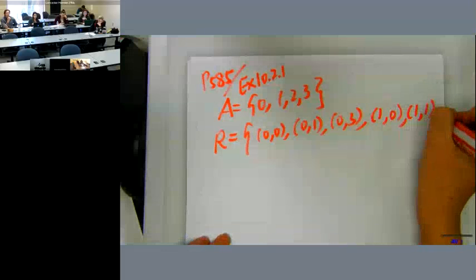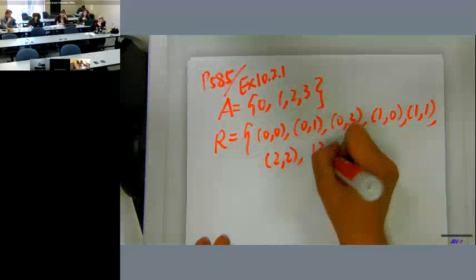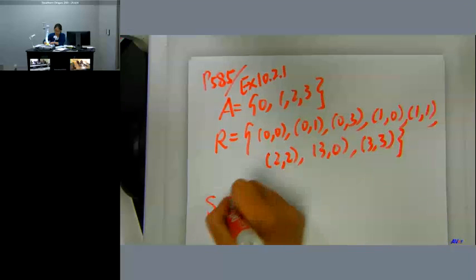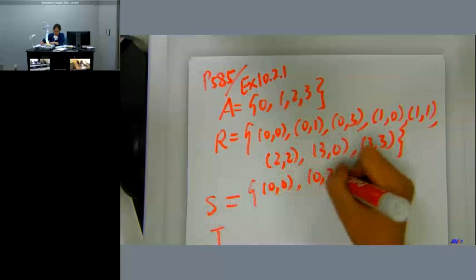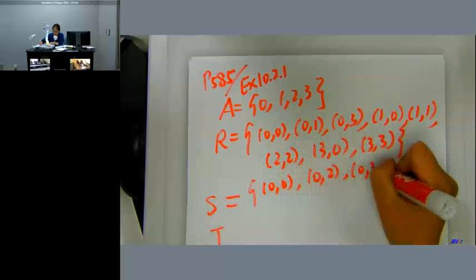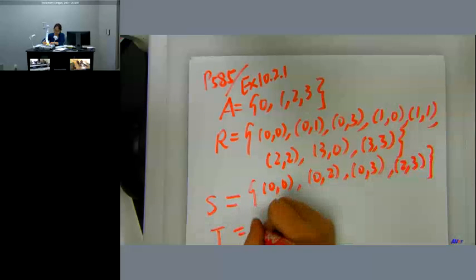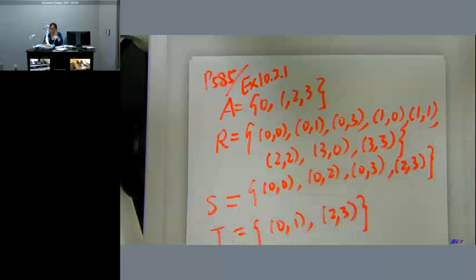Oh, sorry, thank you. So we discussed these three relations, R, S, and T, and whether each one is reflexive, symmetric, transitive, by using the definition. So now I'm going to show you a different way to do it.